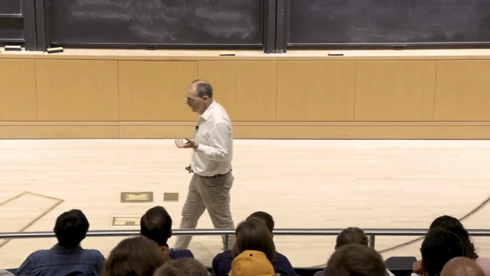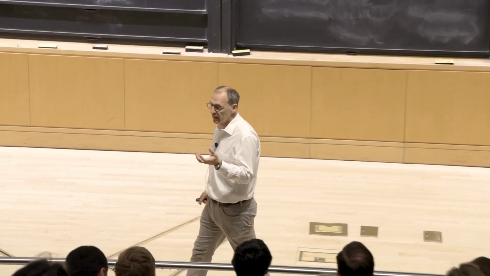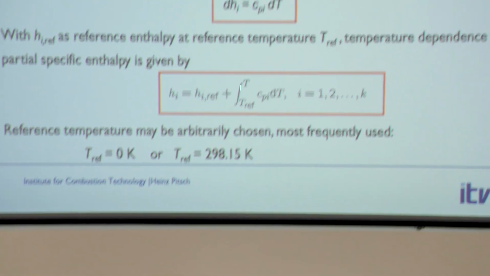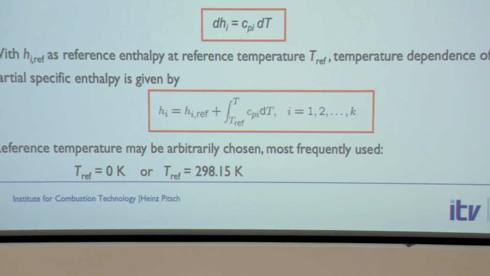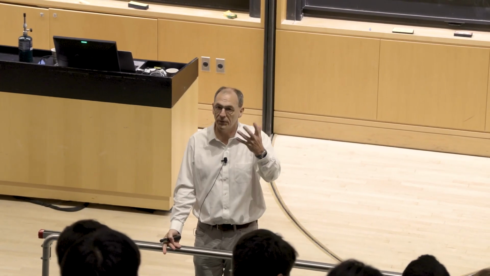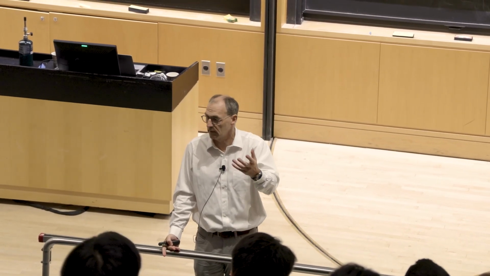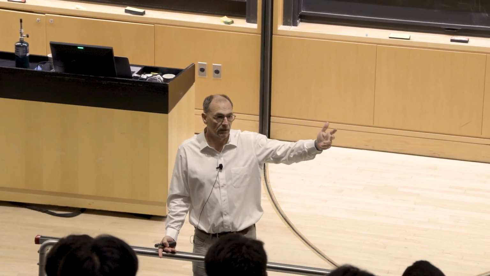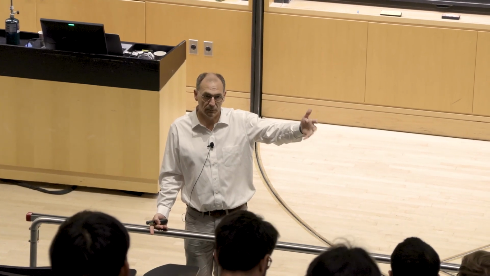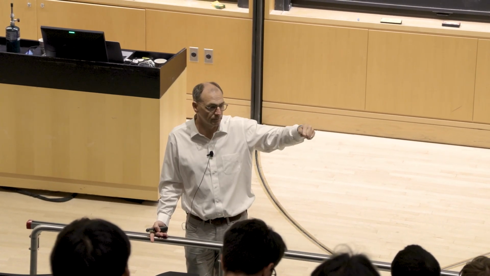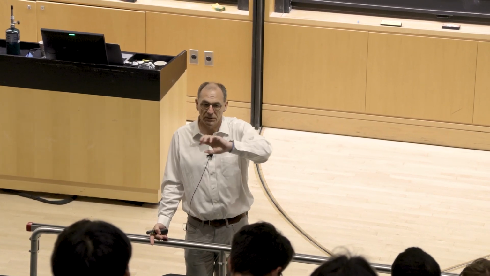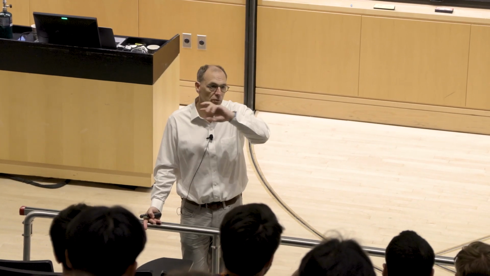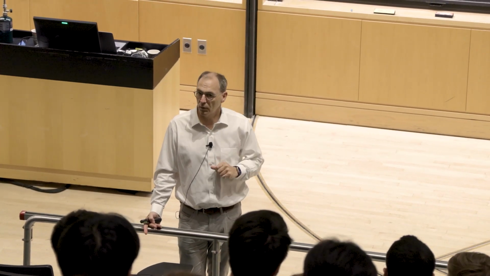What does that mean? It means you have a species that has a formation enthalpy. That's the enthalpy the species has when it is formed at that state. And then also you have a part that depends on the temperature. Now, when you have a chemical reaction, you consume one species and you form another one. You consume H2 and O2 and you form H2O.